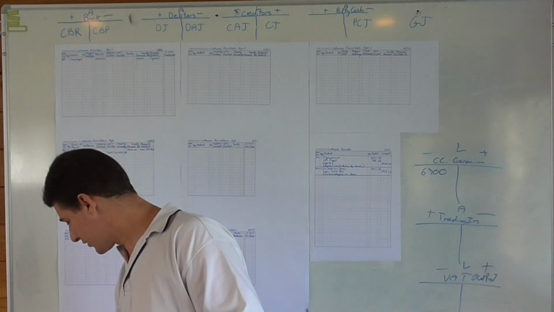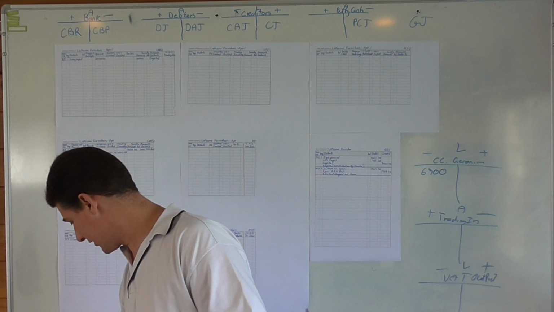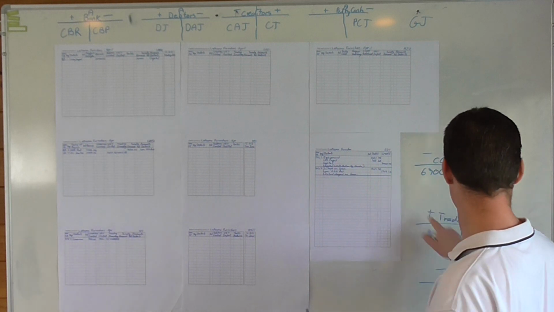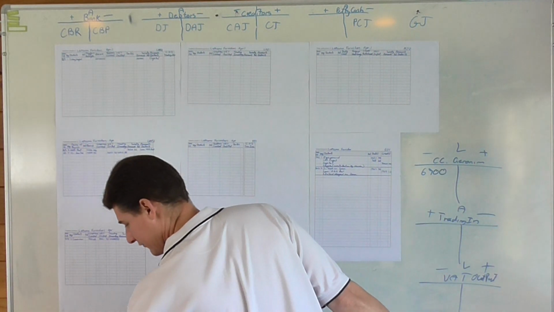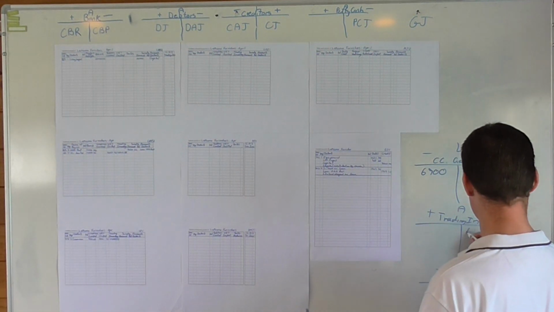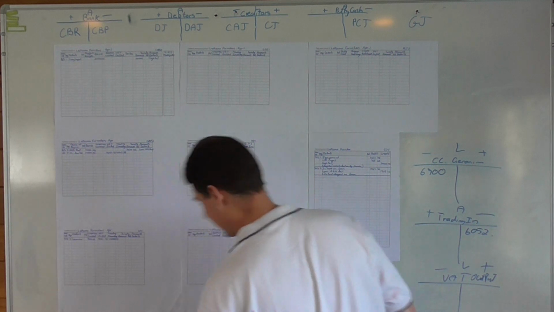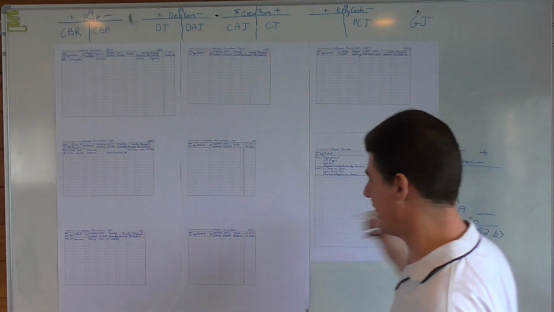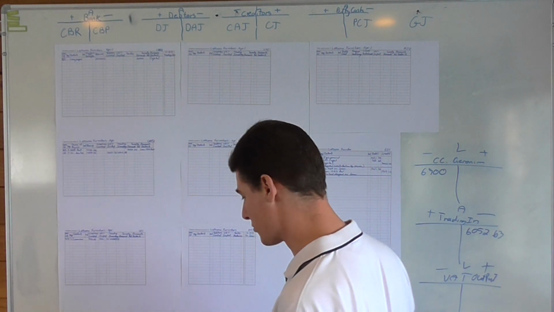Our trading inventory is decreasing at the VAT exclusive amount of 6052.63, and then obviously the VAT that we could claim there will have to be reversed as well.